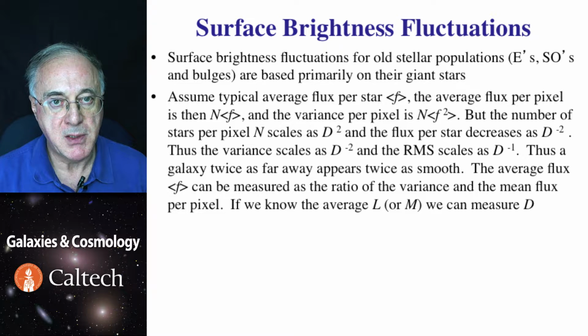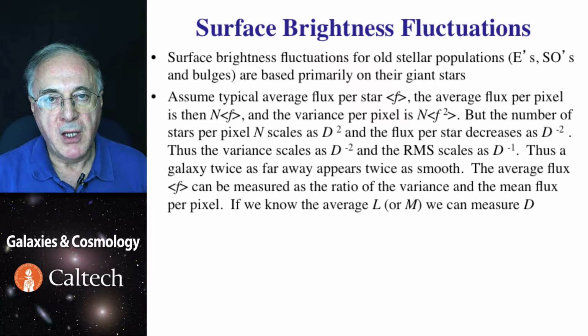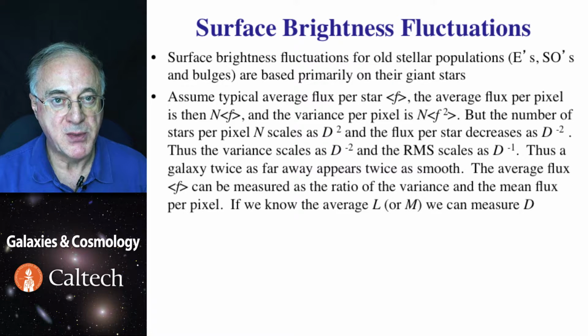It's Poissonian statistics. So if we move the galaxy further, the number will go as distance squared, but flux will decline as distance squared, and therefore the variance will scale with the square of the distance inversely, and square root of that, which is RMS or sigma, as the first power. This is why a galaxy that's twice as far would appear twice as smooth.